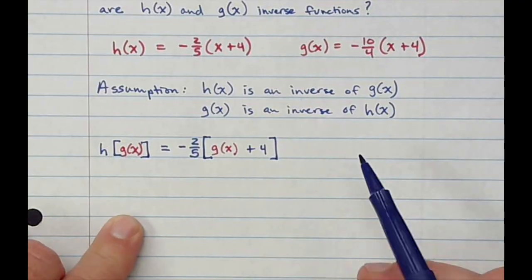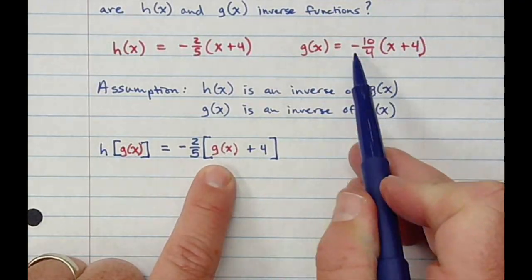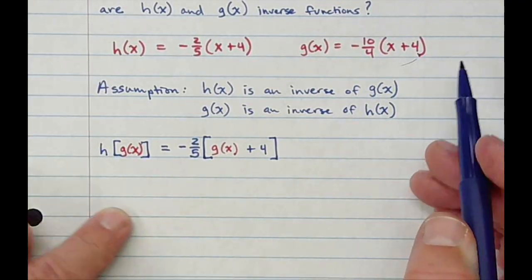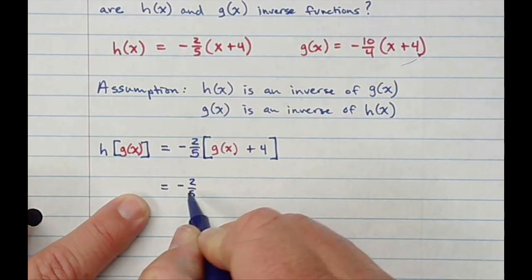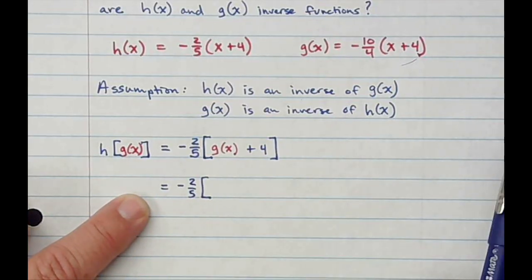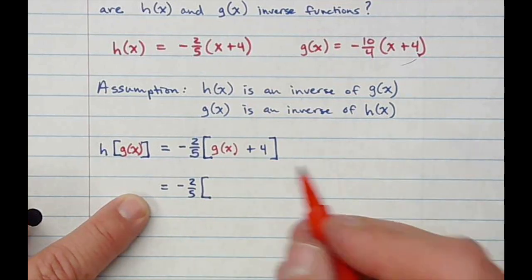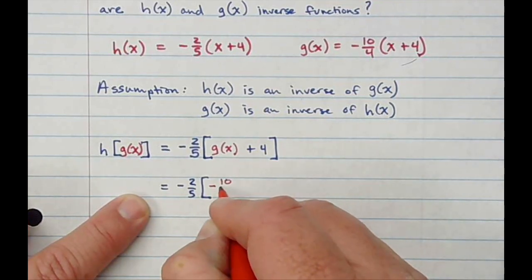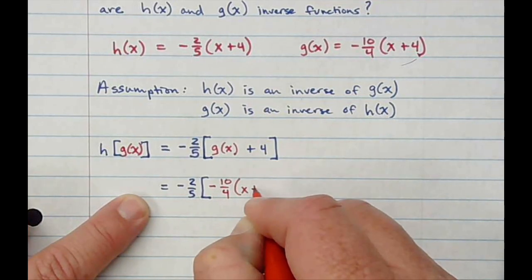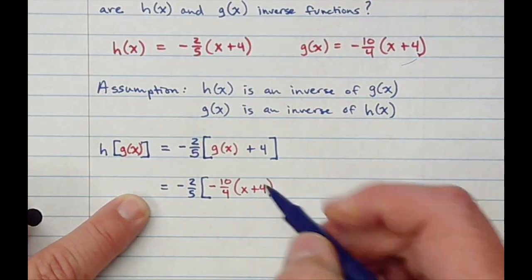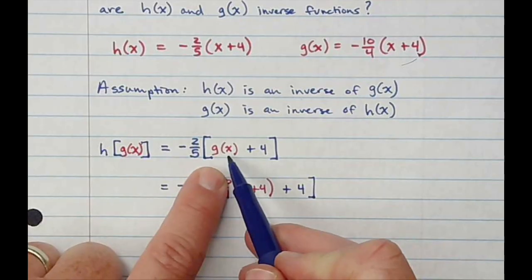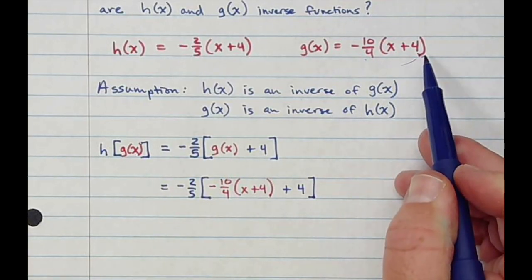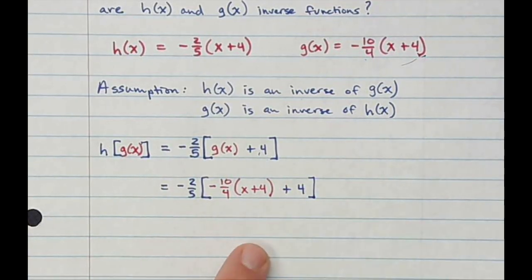Okay. Now for every g of x, I replace it with negative 10/4 of x plus 4. So negative 2/5 of negative 10/4 of x plus 4, plus 4 again. So this g of x is replaced with all of this piece, and then I still had to bring the other plus 4 down.